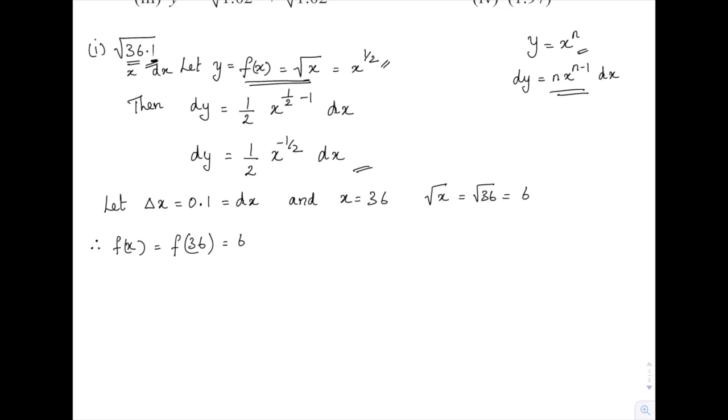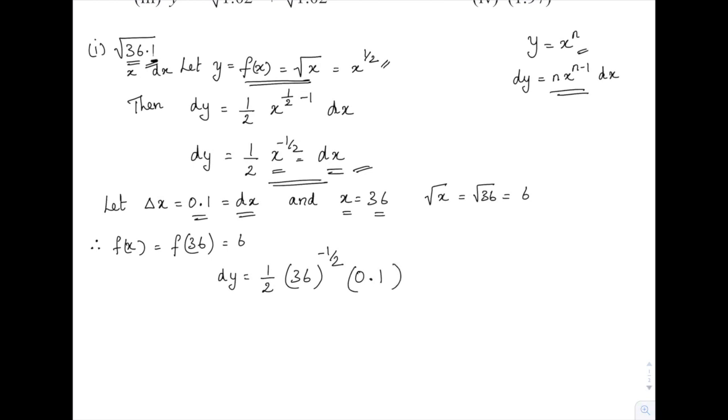And also what we know, dy is equal to, from this, 1 by 2 into x. What is x here? It is 36, so I will write it as 36 to the power of minus 1 by 2 into dx. What is dx here? 0.1.